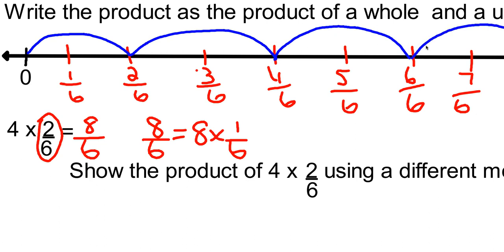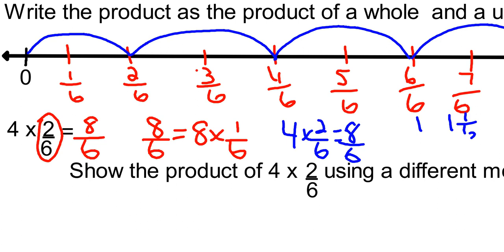This is 4 times 2/6. So this is showing that 4 times 2/6 is equal to 8/6. Now, you know that this is a fraction greater than 1, right? So we know this is 1 whole, this is 1 and 1/6, this is 1 and 2/6. So keep that in mind, how improper fractions are equal to a mixed number.